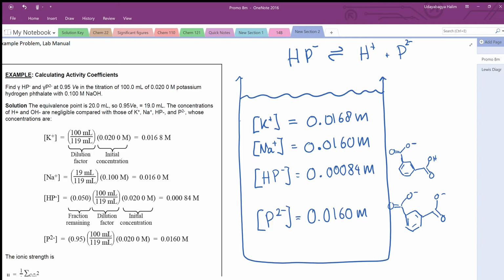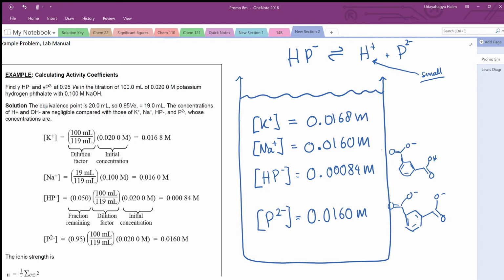In this particular case, we're going to make a bit of an assumption that this concentration is going to be small. The reason it's small is because KHP is a weak acid, so the rate of this disproportionation is going to be less than 1%.